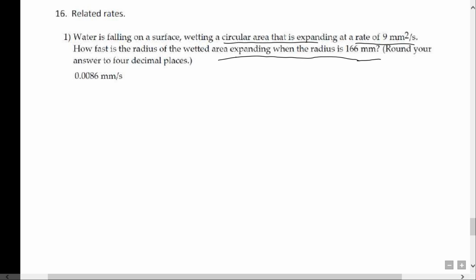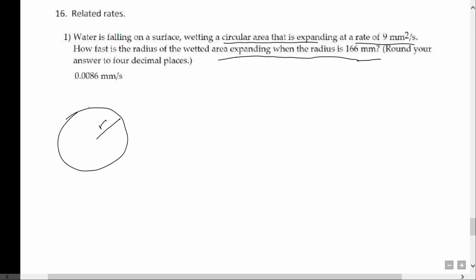So we have a circular area formed by this water falling on a surface, and its radius is r.